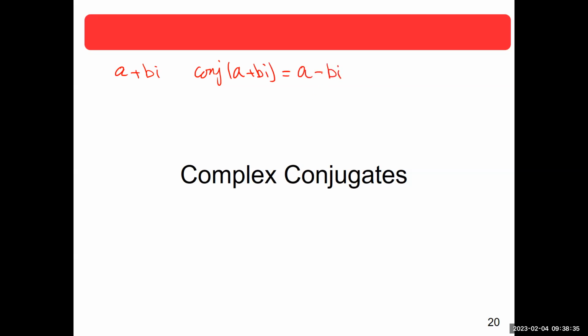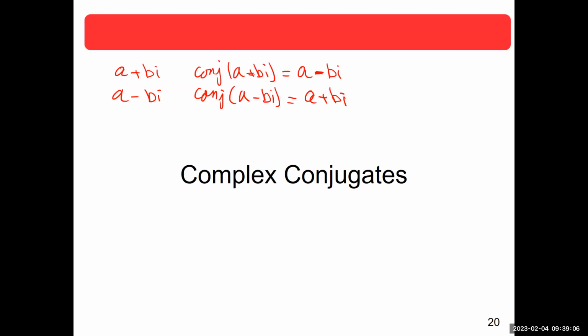Just flip the sign, positive to negative. Now, the conjugate of a minus bi, you guessed it, just flips the sign in the middle, a plus bi. So all we do is flip the sign in the middle, and we get the conjugate.